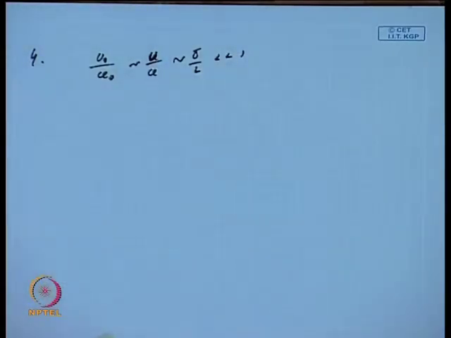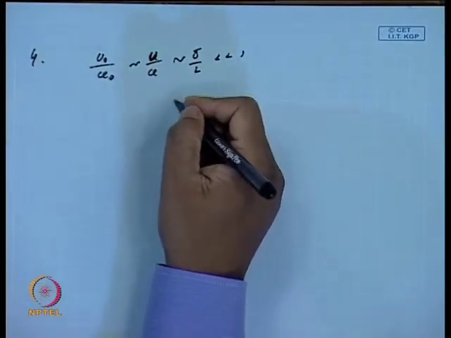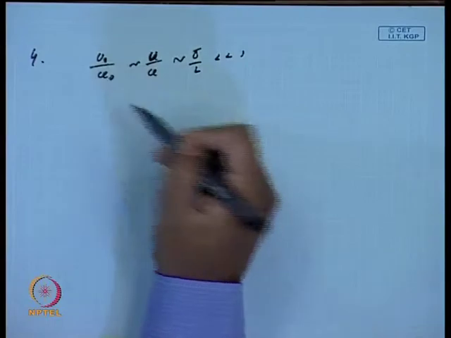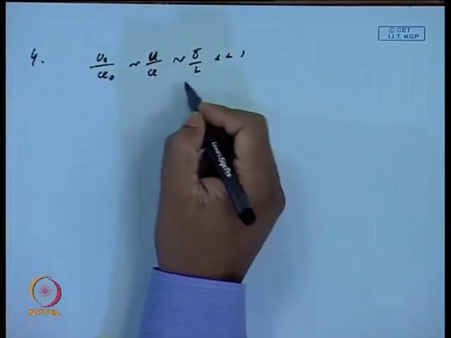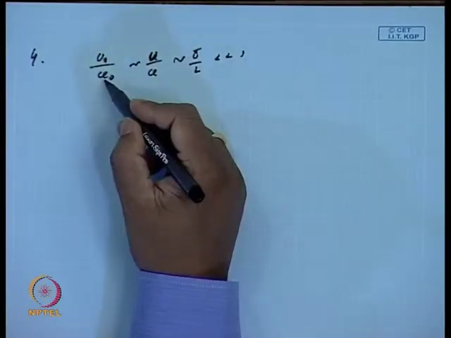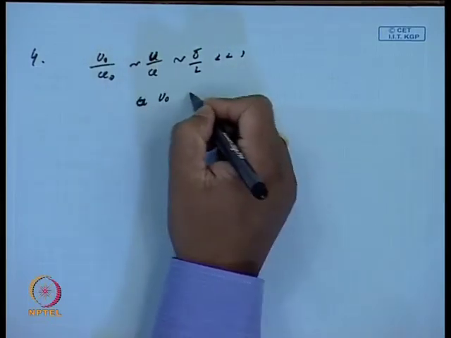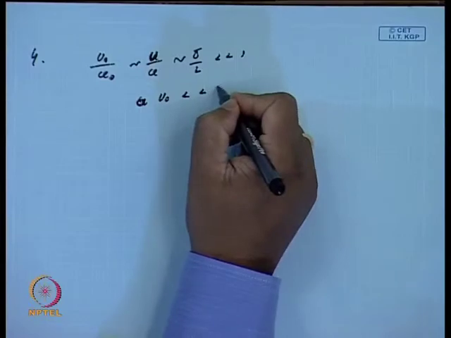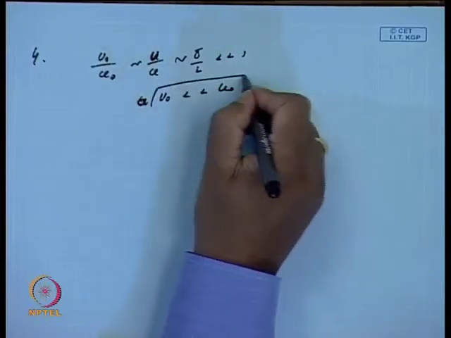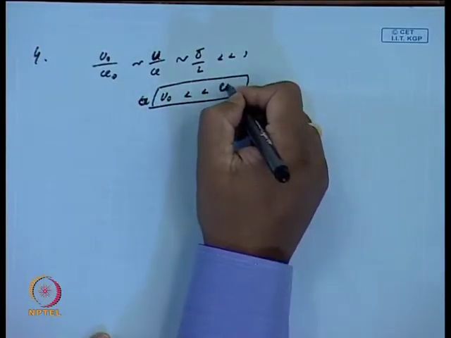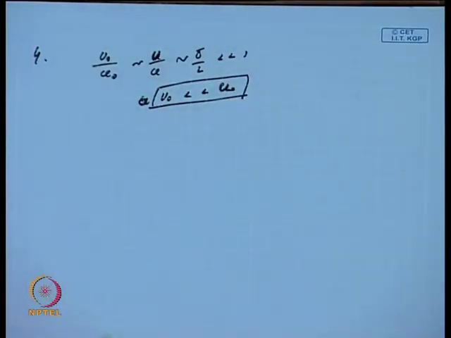So that means the vertical velocity component is much smaller. That shows that V naught is much less than u naught. That is another observation.